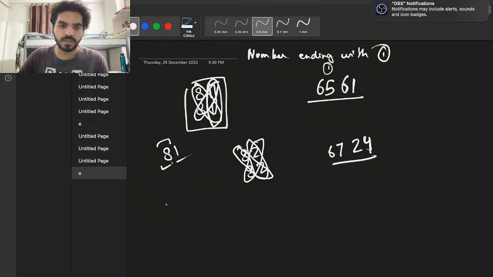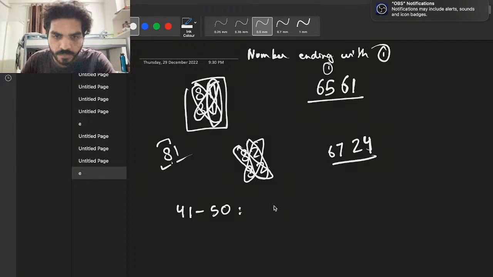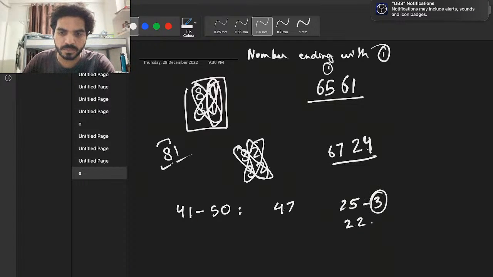And so on. For numbers between 41 to 50, we go with, for example, let's take the number 47. 47 is 3 less than 50. So we will do 25 minus 3, that is 22, and add the square of this number, 2209.